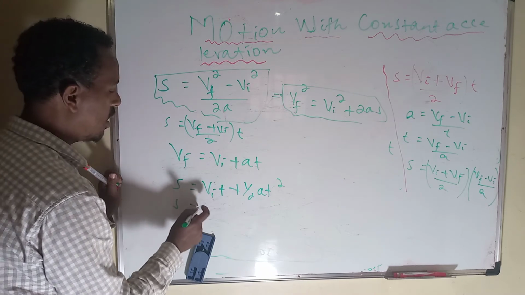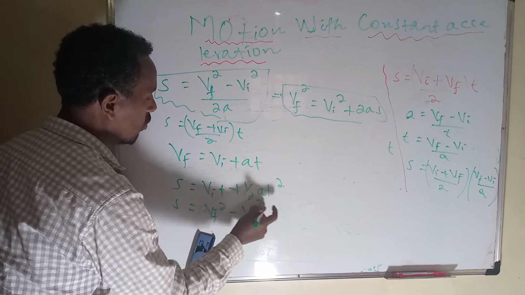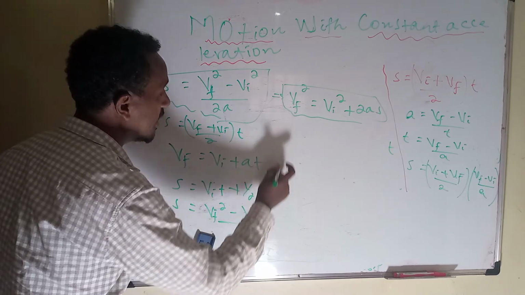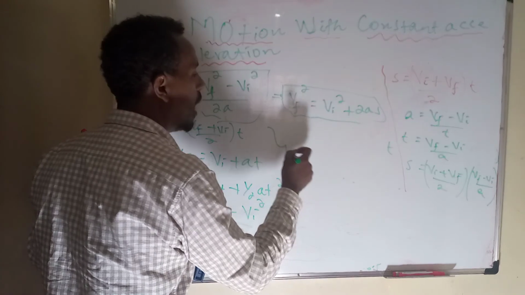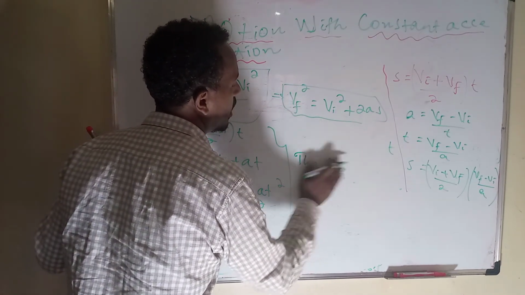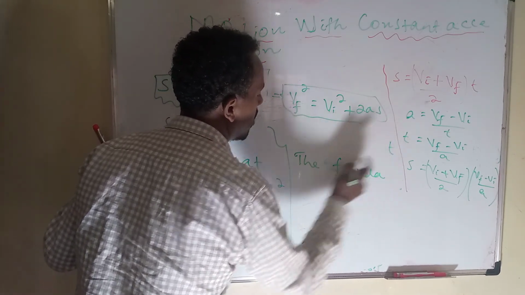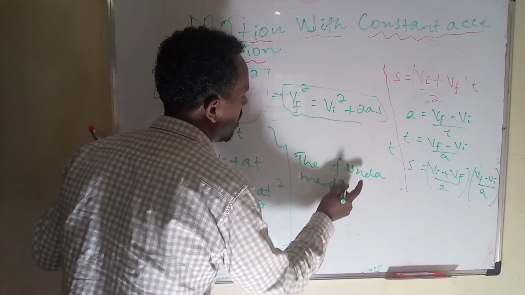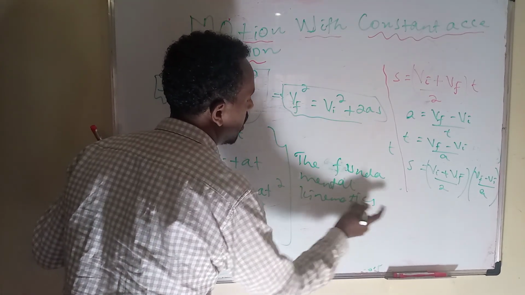The fourth: S is equal to V final square minus V initial square over 2 times acceleration. These are the four fundamental kinematics equations.